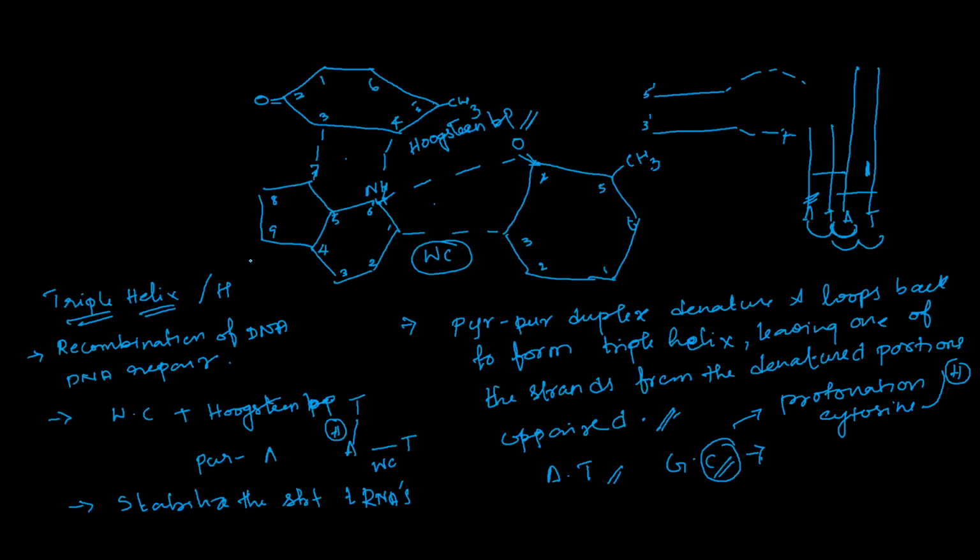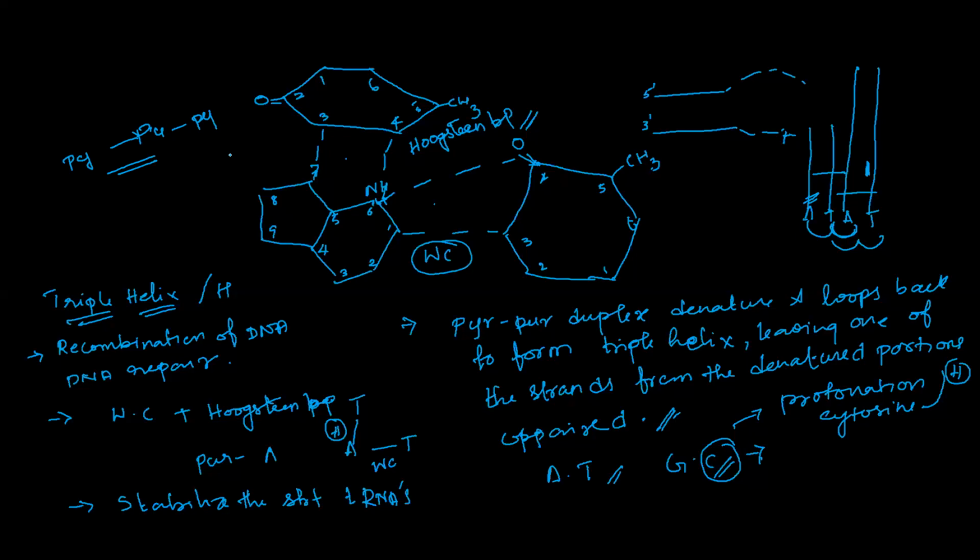You have two kinds of base pairing. One is the Watson and Crick, and another is the Hoogsteen base pairing. So it is like purine, pyrimidine, and pyrimidine. Usually a purine base pairs with a pyrimidine, but here it can also base pair with another pyrimidine of the same strand or from a distant region.